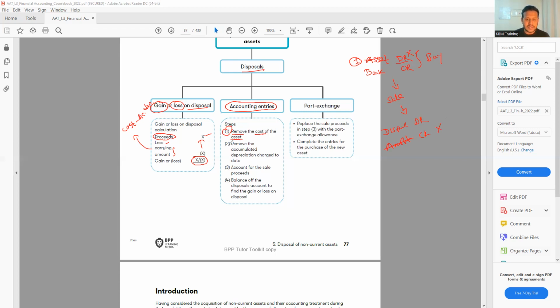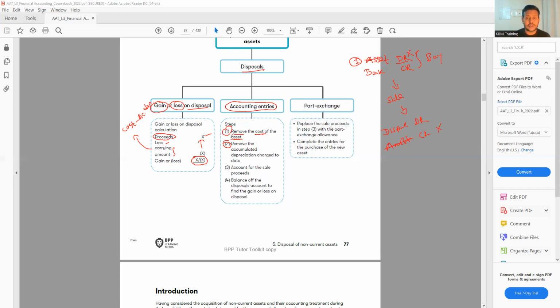The next step is to remove the accumulated depreciation charged to that asset. Obviously, if the asset is gone, the depreciation that belongs to that asset also has to be gone. For example, if I have furniture and I sold it, I will not keep the depreciation for that furniture.